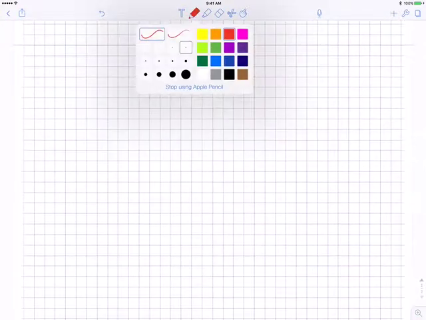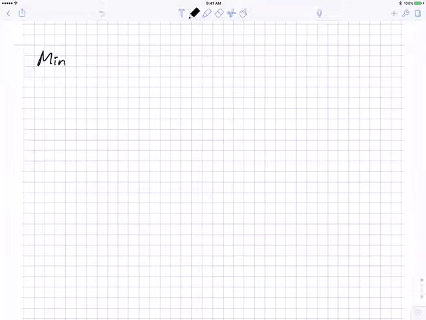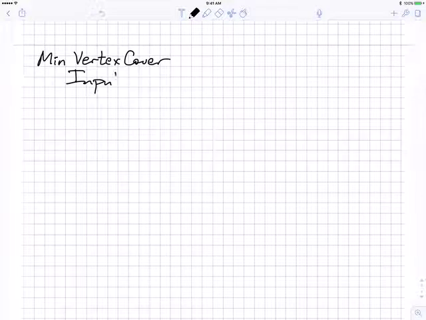So that particular problem is minimum vertex cover. All right, so again, we've seen this several times already.